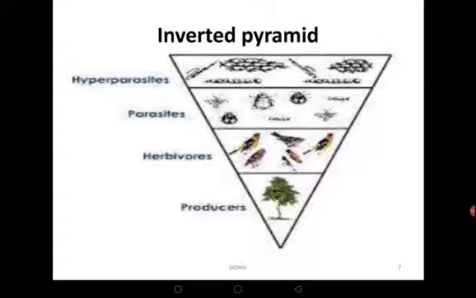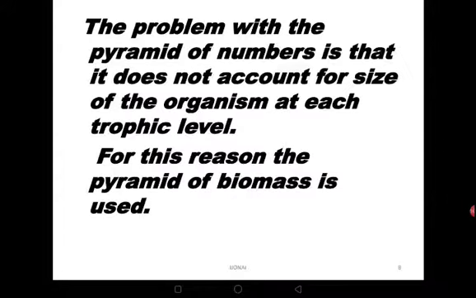You do not change the position of the producers. They are linked: producers, primary consumers, secondary consumers, and then tertiary consumers. They are linked in that order. You should not interfere. That's why we have that inverted pyramid.